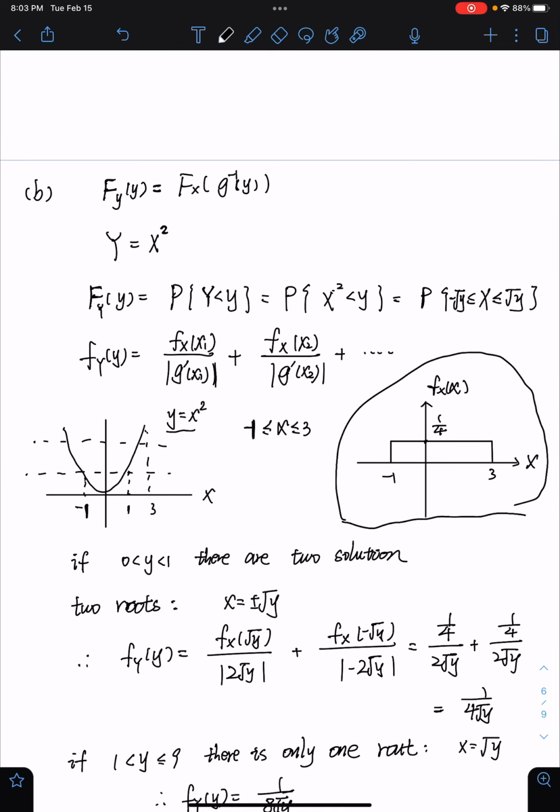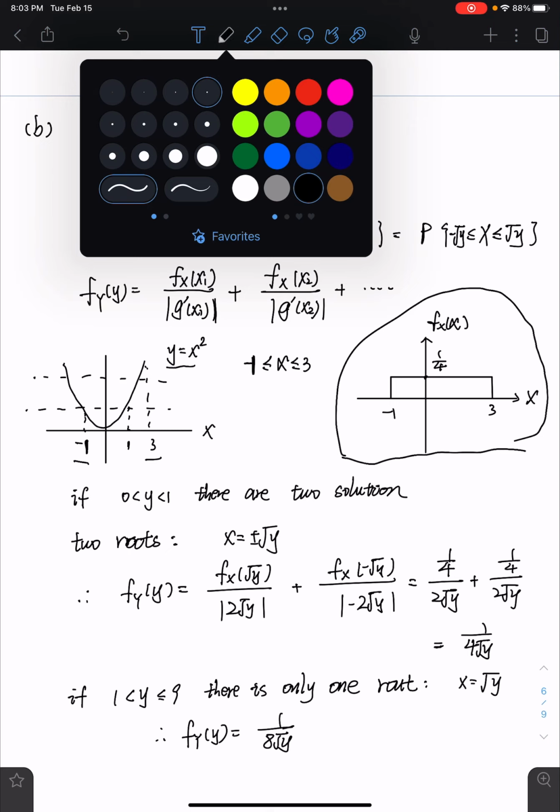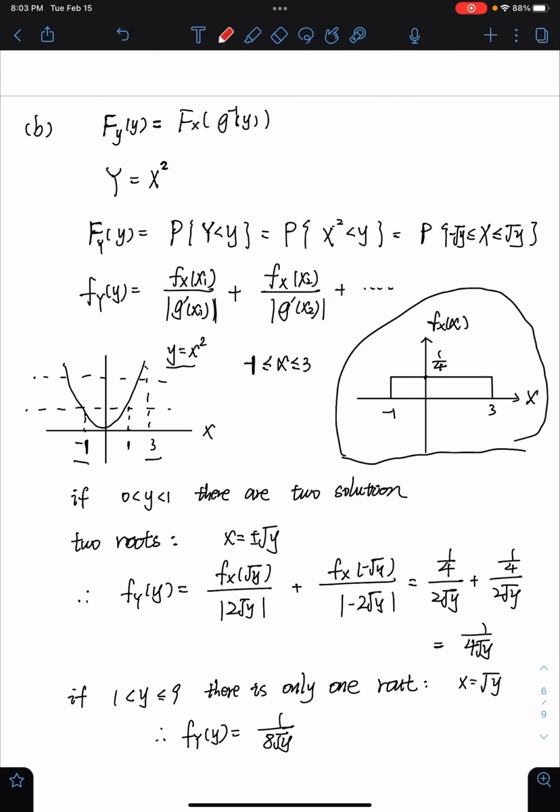Since x can only take values from minus 1 to plus 3, as we can see in this graph, when y is smaller than 1, we have two roots, and when y is larger than 1, we only have one root.